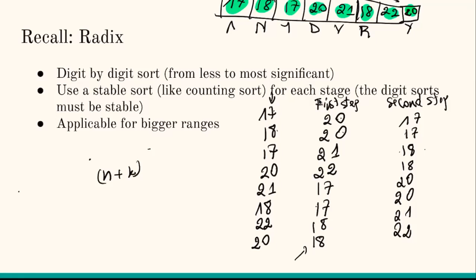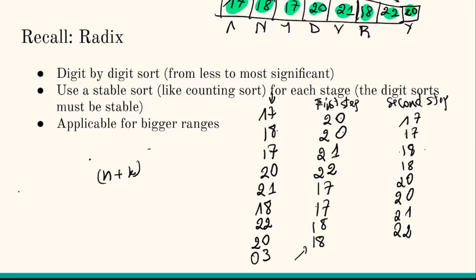How many steps do we have? The number of digits, okay? If you have 3 digits, we will counting sort 3 times. If you have a number that is just 1 digit, you can augment it with zeros.